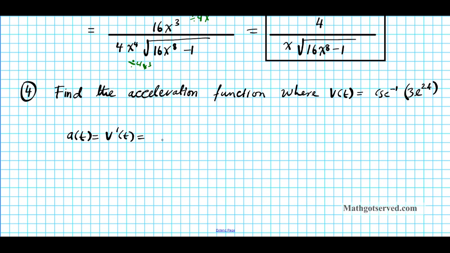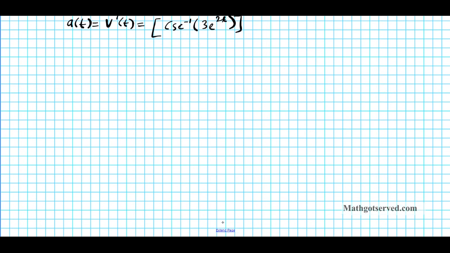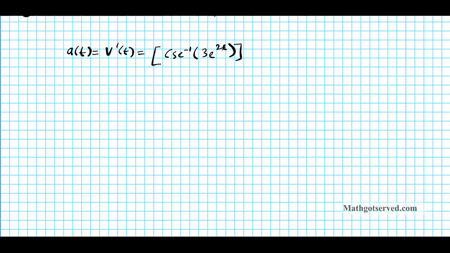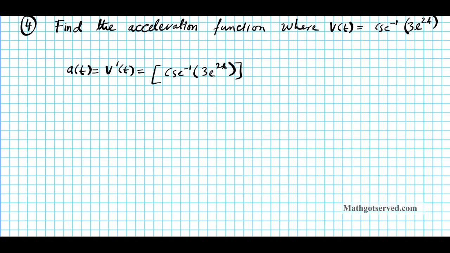So what we're doing in essence is looking for the derivative of the inverse cosecant of 3e to the 2t. We're going to be using the derivative of the inverse cosecant function and also the exponential function by using the chain rule here.